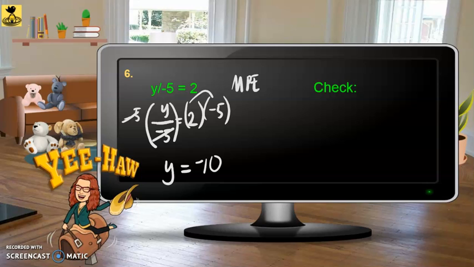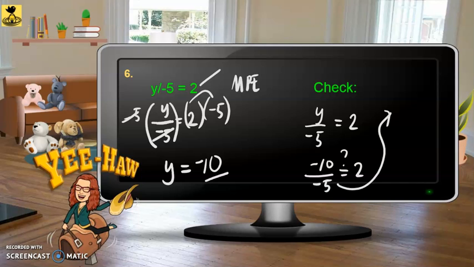Okay, so let's have the checking here. So we will copy the original equation, y over negative 5 equals 2. So since we have our negative 10 for the y, we will replace y with negative 10 over negative 5. So is it equal to 2? Yes, of course.